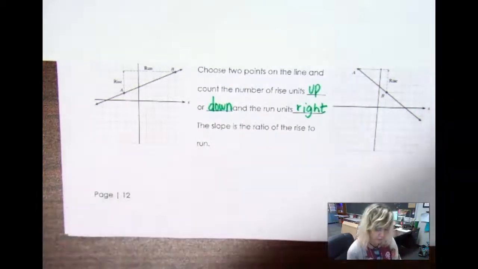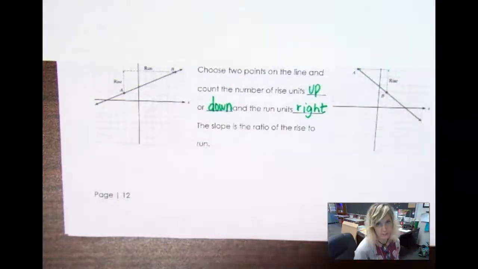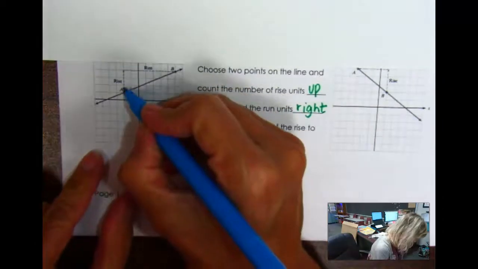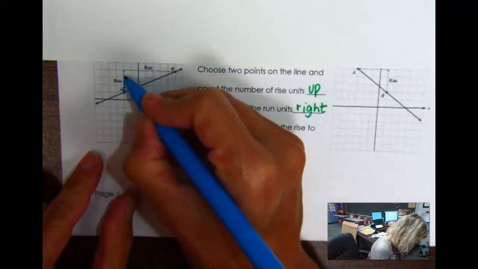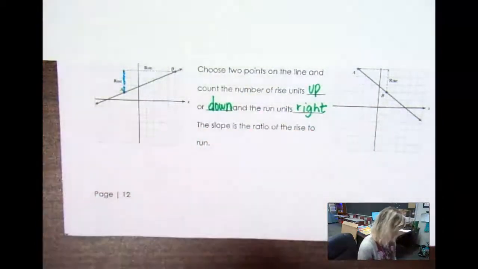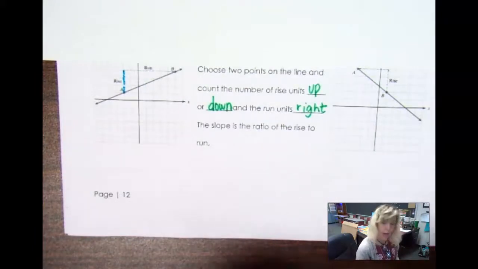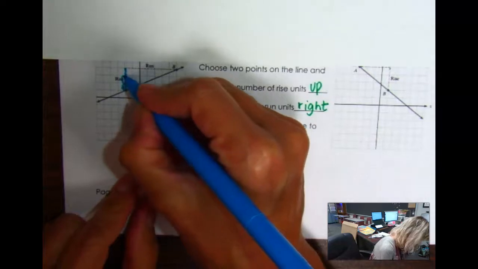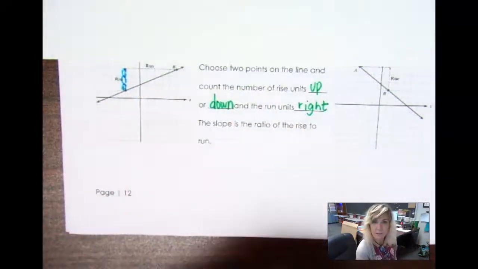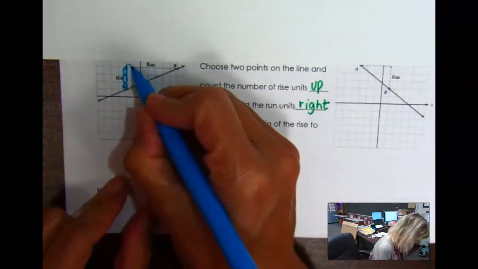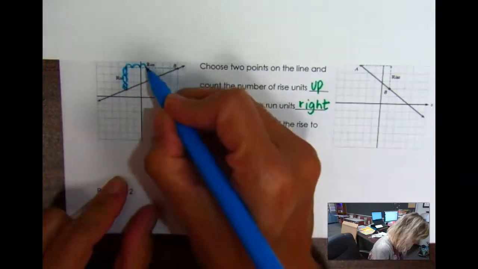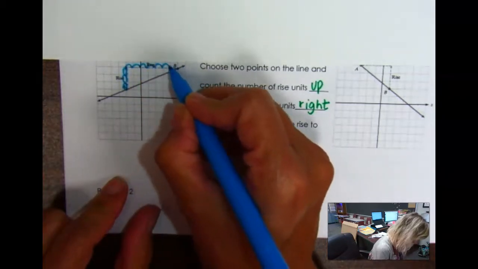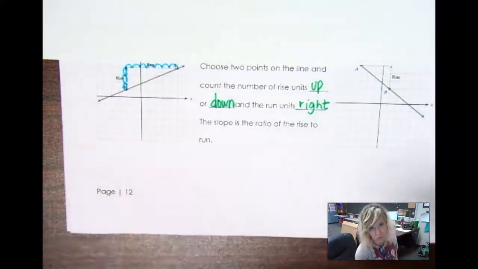So here, if we are looking at our first line, which is on the left side, I would rise up, and then I would run to meet the other point of the line. So we went 1, 2, 3 places up, and then of course it's going to be 1, 2, 3, 4, 5, 6, 7 places to the right.